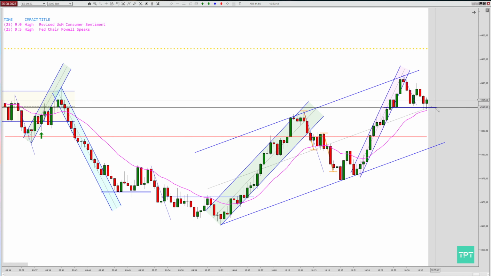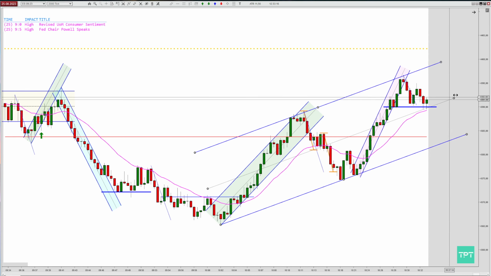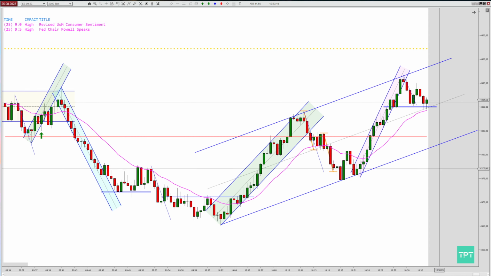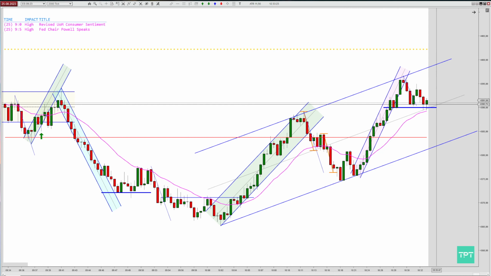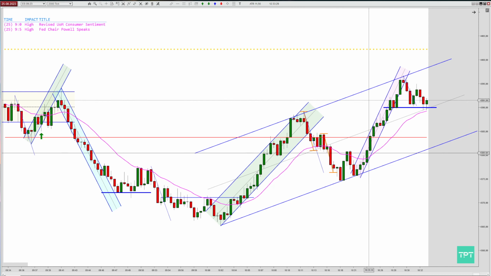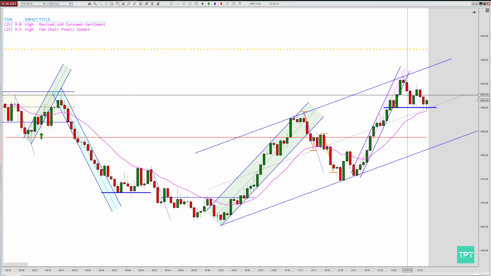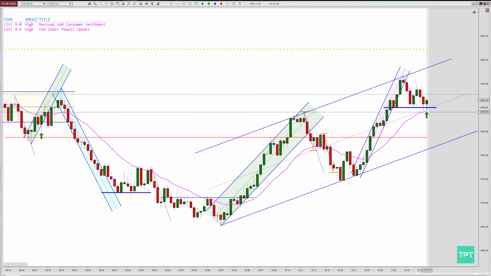You can see there is also some support here, and we have a couple of levels aligning with each other. We have the midline of this channel, we have the support here, and we have our EMA. All these 3 together with the fact that we have an uptrend working higher with a first break but no retest of the extreme, I like this second entry long.